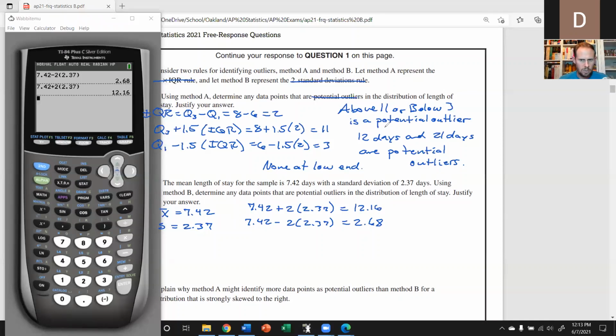All right, so we had 12 and 21 last time. Well, 12 is not above 12.16. So the only potential outlier we have here is, well, so I'm just going to go ahead and write it out. So above 12.16 or below 2.68 are potential outliers.